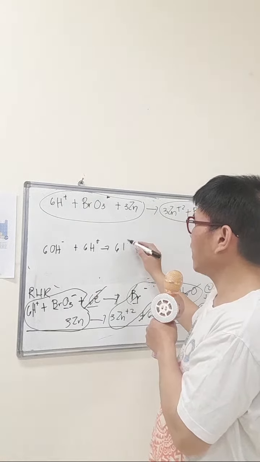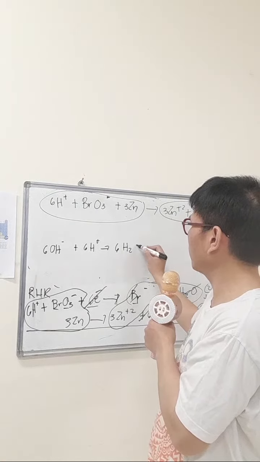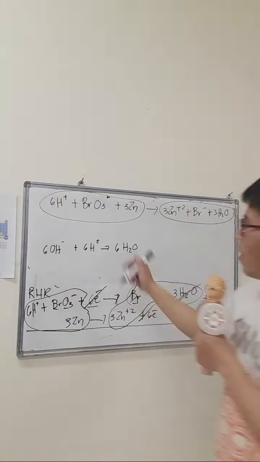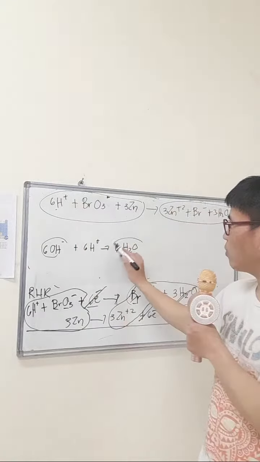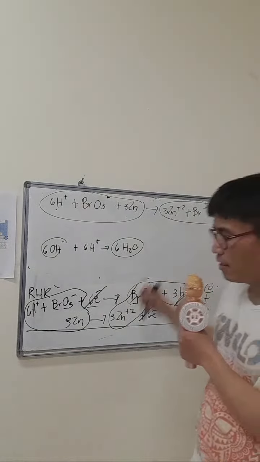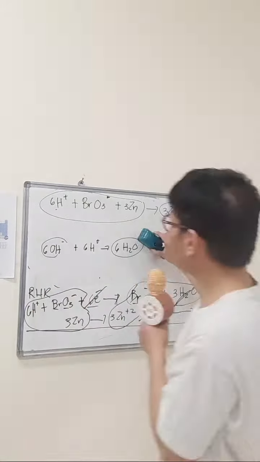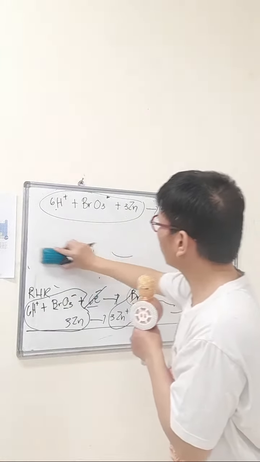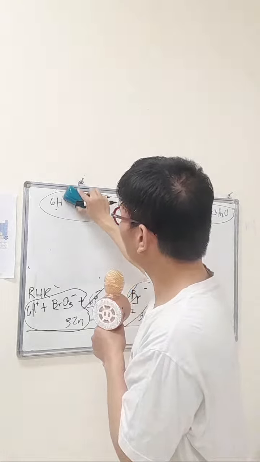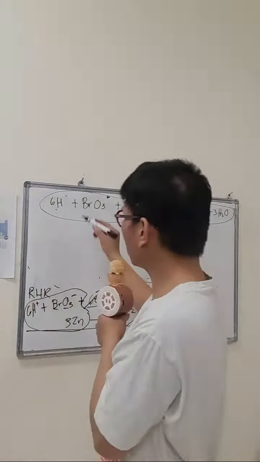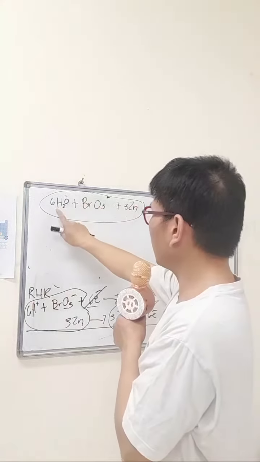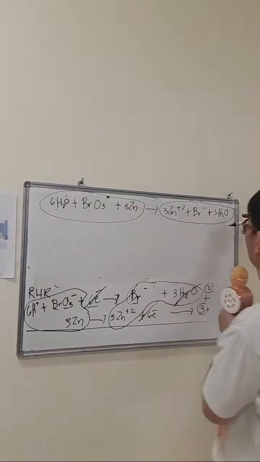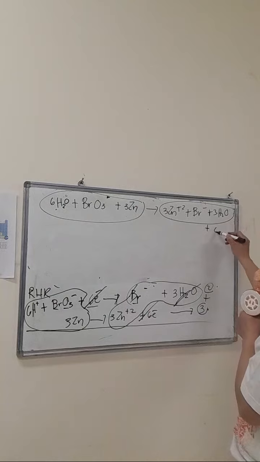Get the point? If you add 6OH to 6H positive, it will become 6 moles of water. So put that here, 6 moles of water, and remove the H positive. Now you add the 6OH, plus 6OH also on the other side.